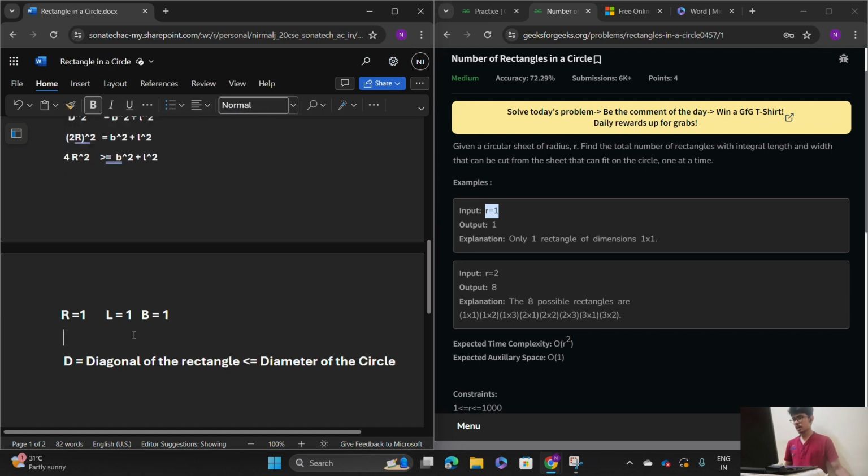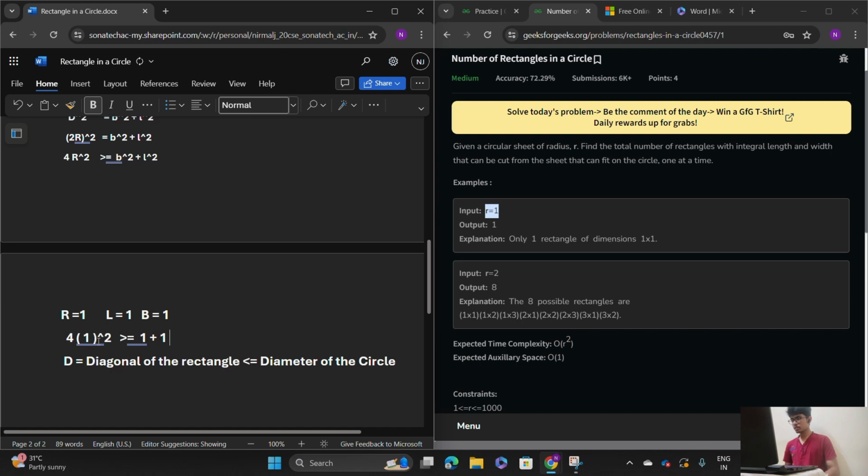For that, I'm going to substitute the value of r here. When you do 4r square, 4 times 1 the whole square, is greater than or equal to l square plus b square. So l is what? 1. 1 square is what? 1. b is what? 1. b square is what? 1.